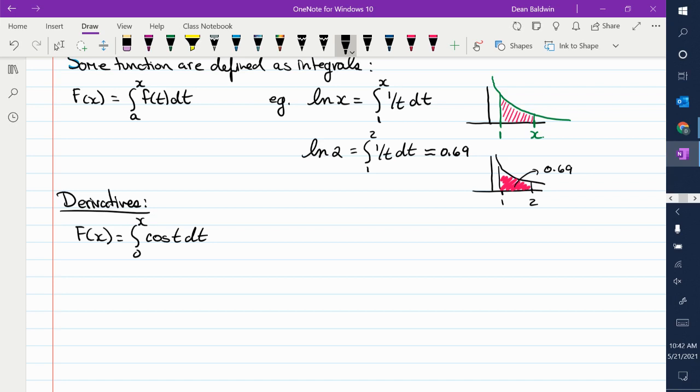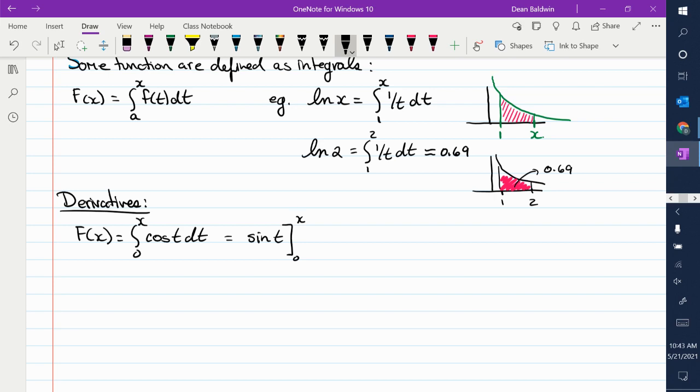Now, forget that there's an f of x here. And if I just said, what is the antiderivative of cosine? You would tell me it's sine, right? And we would go, okay, it's sine of t, evaluated from 0 to x.